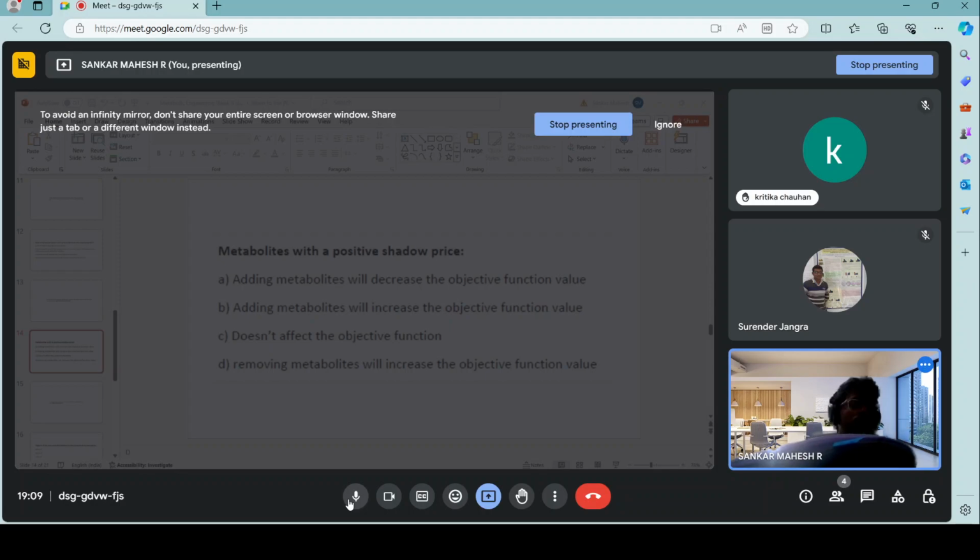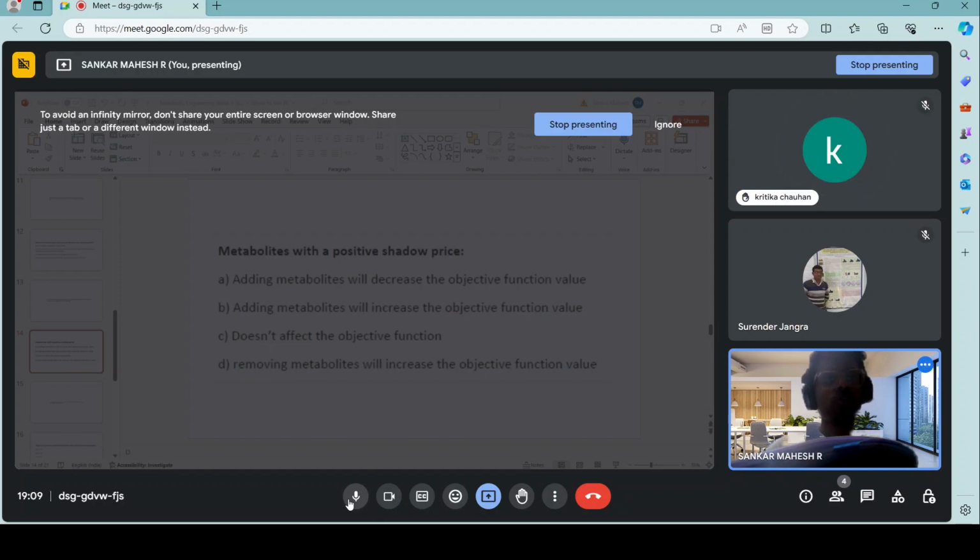Then it would alter the objective function. This is the biological understanding that is needed to understand shadow prices. So, how would it increase or decrease? That is the question being asked. So, first, did we understand what biologically shadow prices mean?